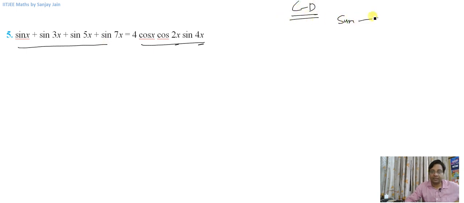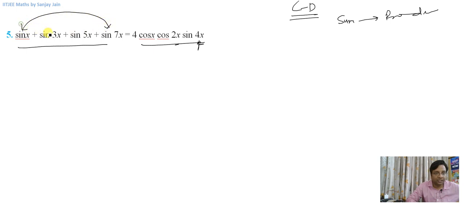So this question is based on CD formula, because on the right hand side you require angles like 4x, 2x, and on the left hand side you have got angles like x, 3x, 5x, 7x, and this is in product form, this is in sum form. So CD formula transfers sum into product, right? This is what we do. So we require an angle 4x, so that tells me that I'll make pairs like this.